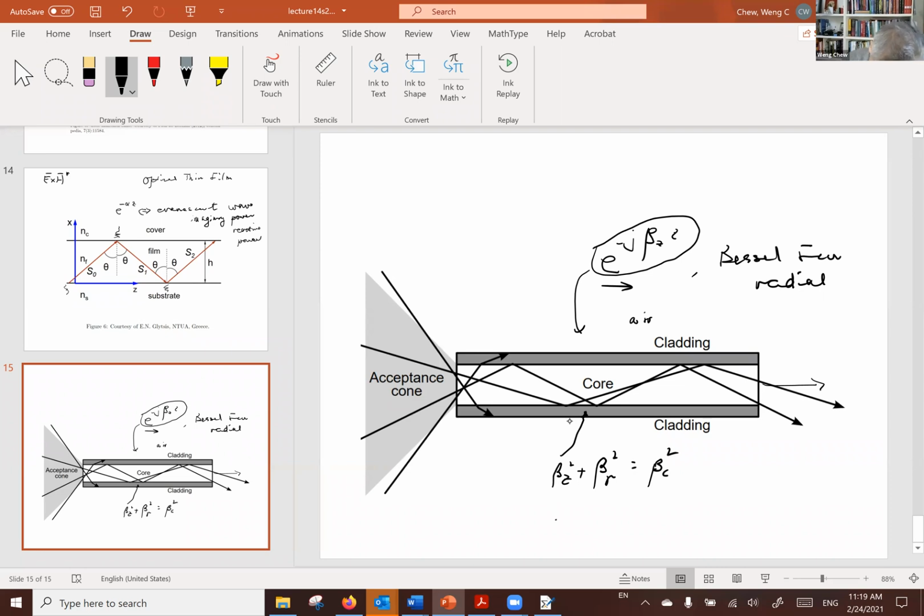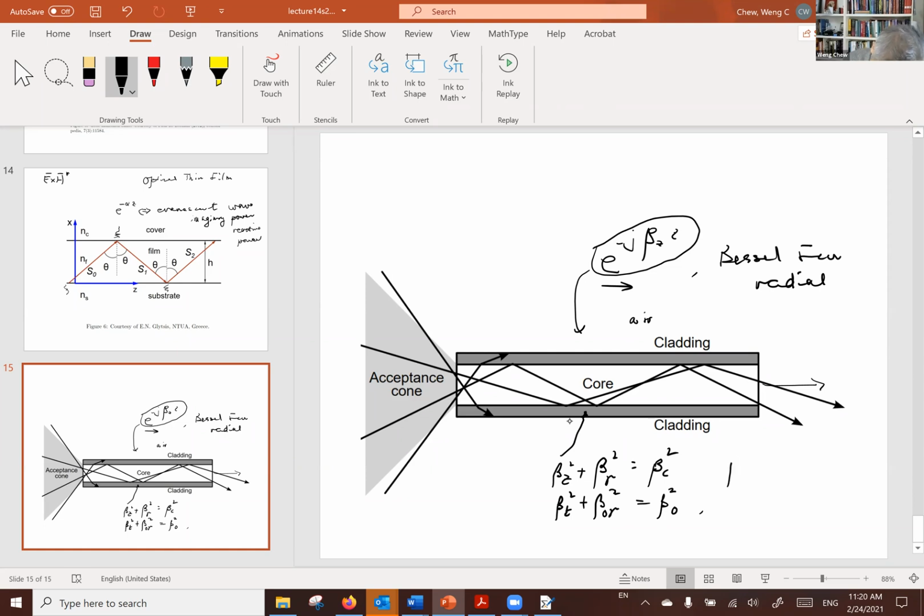And in the air, you have beta z squared plus beta r squared equal to beta 0 squared.